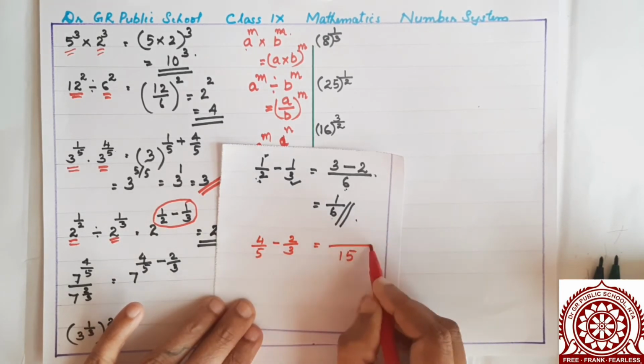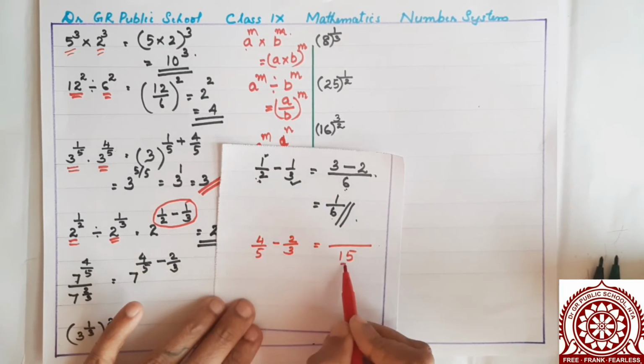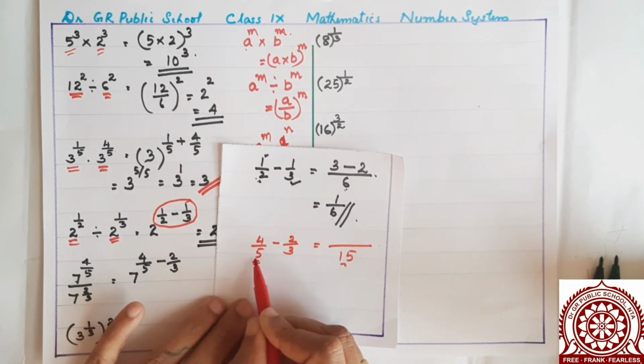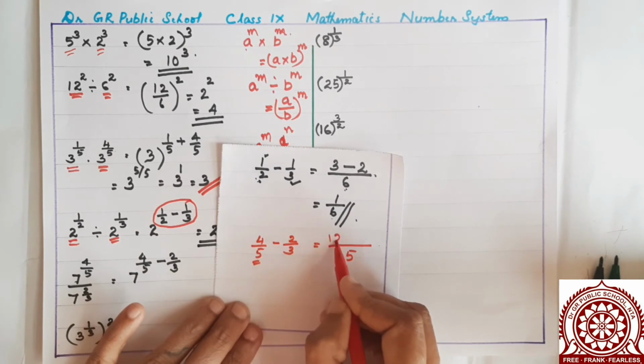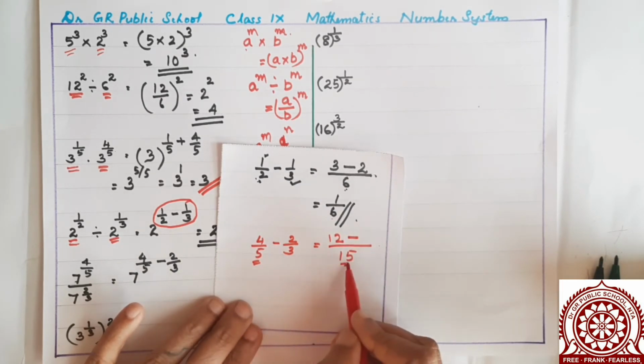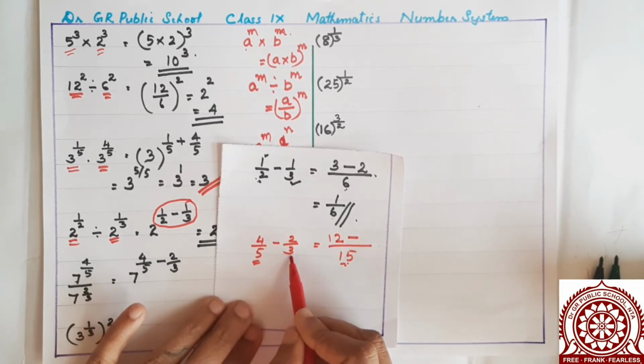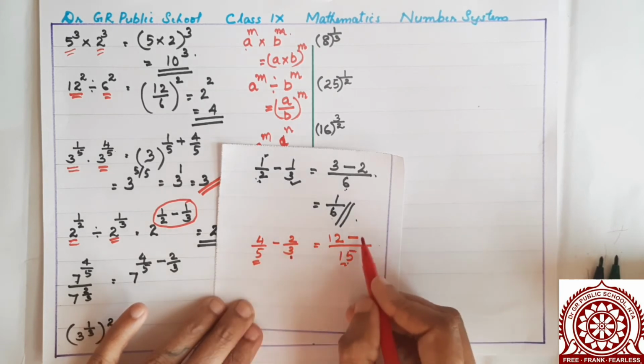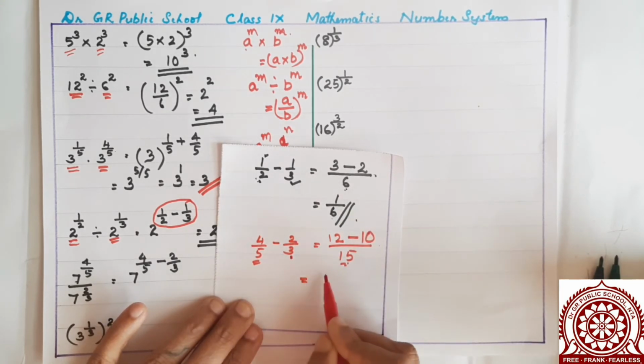15. Now, the numerator. 15 divided by 5, 3. 3 into 4, 12. Minus 15 divided by 3, 5. 5 into 2, 10. So what is it? 2 by 15.